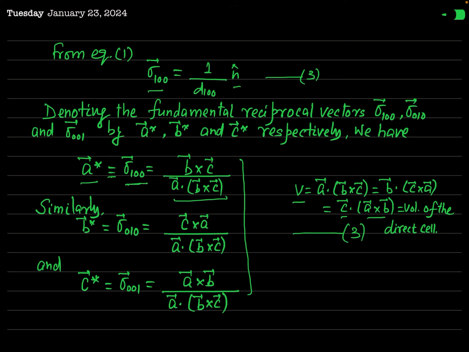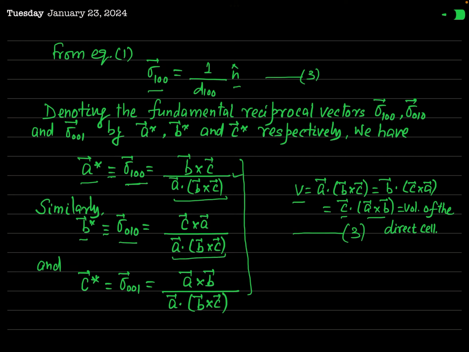A star is equivalent to sigma 1 0 0, and that is defined like this: B cross C over A dot B cross C. Actually, in the similar manner, you can define the second primitive translation vector for the reciprocal lattice. This is B star, which is equivalent to sigma 0 1 0, and that will be equal to C cross A over A dot B cross C.